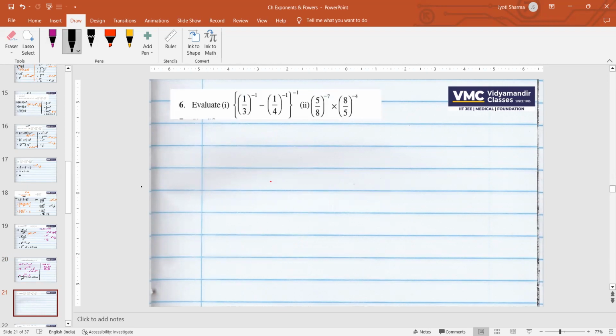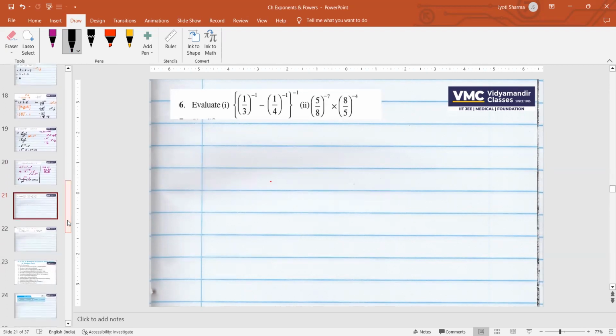Next question of the exercise. Here you can see there is a power minus 1 outside in part 1. Moreover, there is a minus sign. You cannot write the common power. So what you can do is the reciprocal only. So this power is left out only by doing this, which is equal to minus 1.